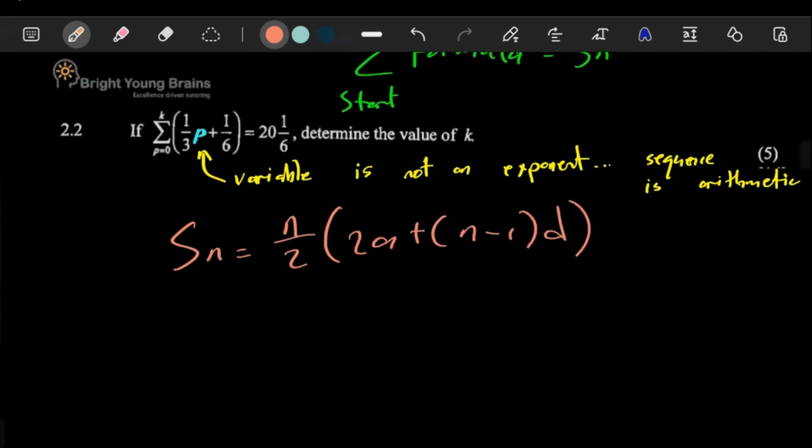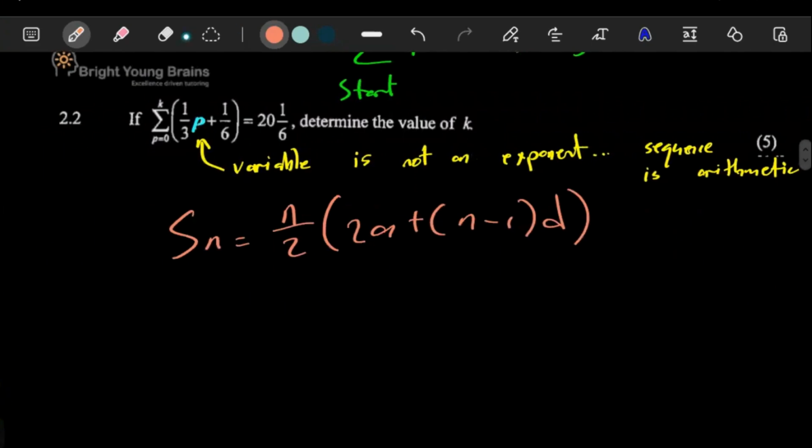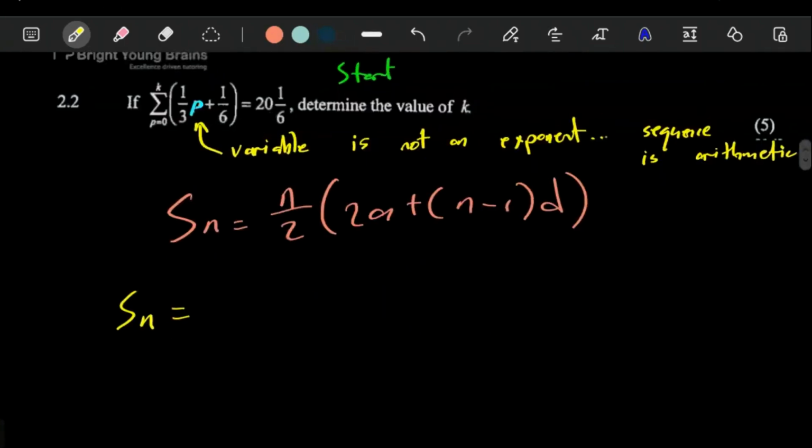After writing out this formula, you want to go and check each of these boxes and put in values. Sn you have, it's 20 and 1/6. You may be better off putting that as an improper fraction.